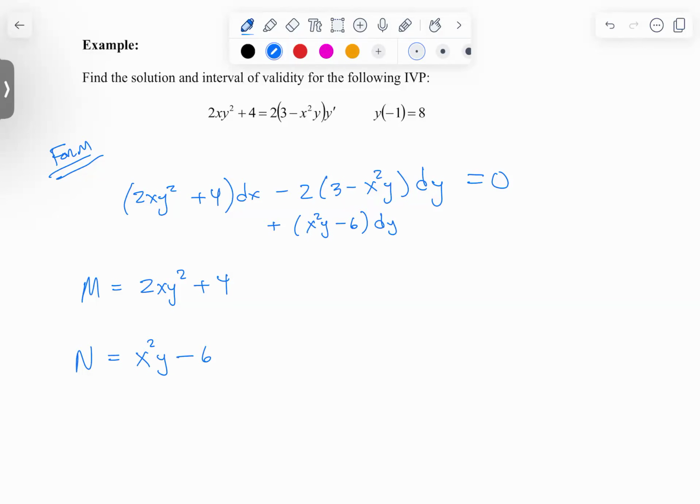Let's see, two x squared y. No, two x. Trying to do these steps. All right, two x squared y.